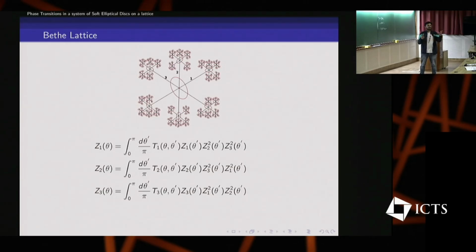It's like mean field, where you can put this number. In that sense, you're right. Yes, it's 6. There are 6 neighbors, so that's why I'm taking the 6-coordinated Bethe lattice. Thanks.